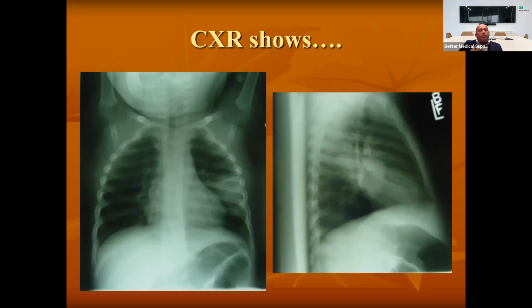Are we missing pneumonias, or are we missing anything in the abdomen? Another reason for this case is looking at the differential diagnosis, to make sure we understand that abdominal pain does not only come from the abdomen. It could come from the testes, the chest, the throat, or metabolic disorders. I'm going to talk about that in a minute.